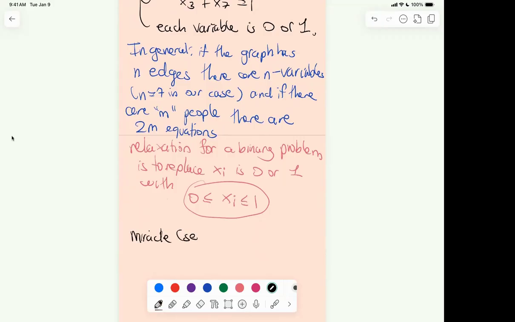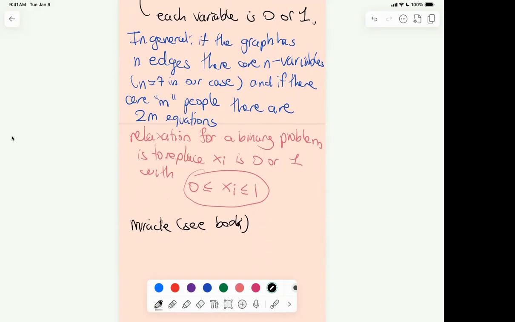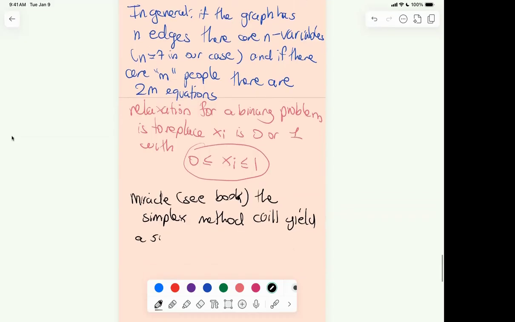let's see, the book. The simplex method can always produce, at the first step, a solution whose coordinates are all binary.